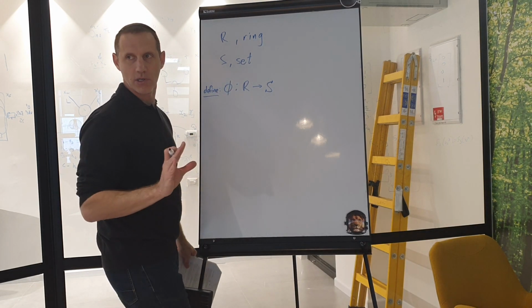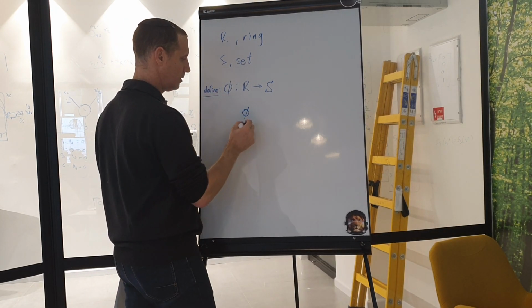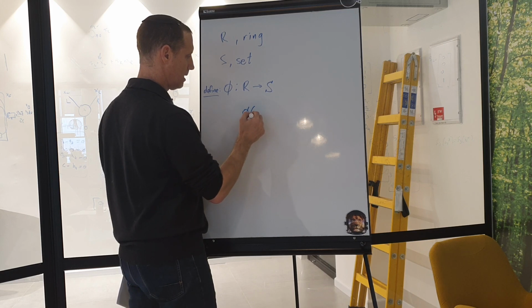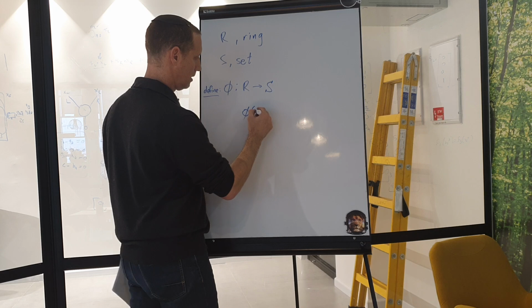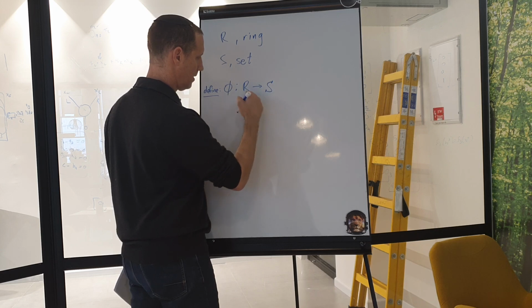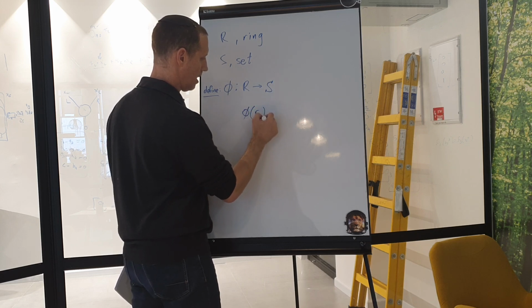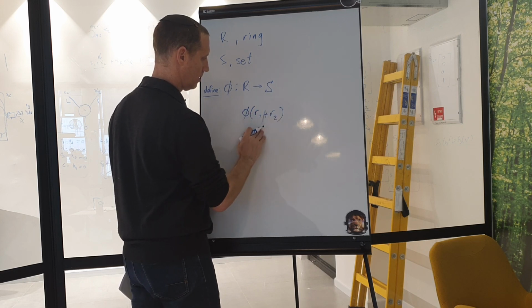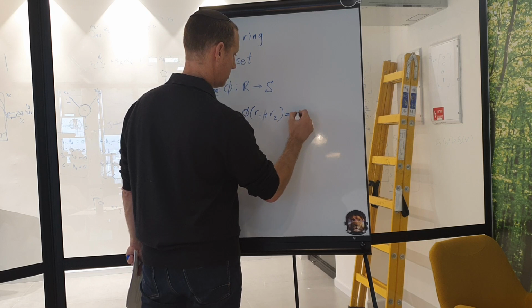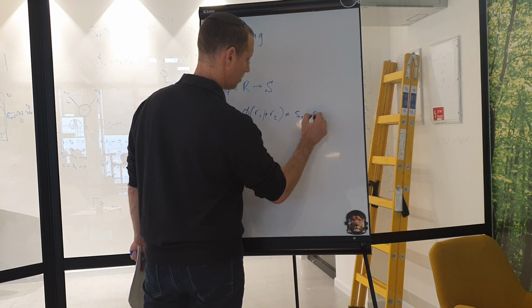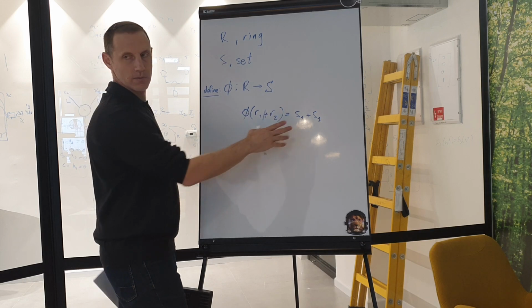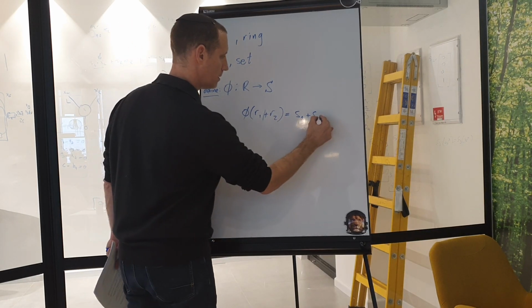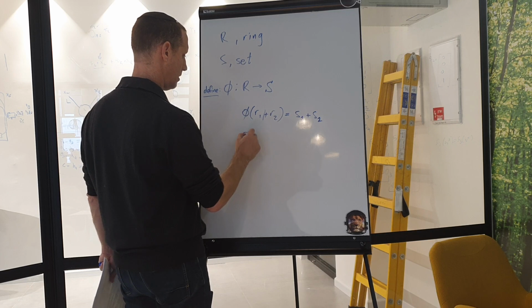S has got no structure at the moment, but once we do this, we just say that phi of, say, R1 plus R2 equals, we're going to assume that phi of R1 is S1, just so that this is S2, right?